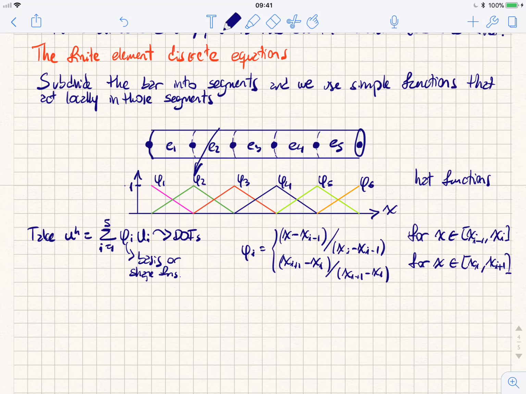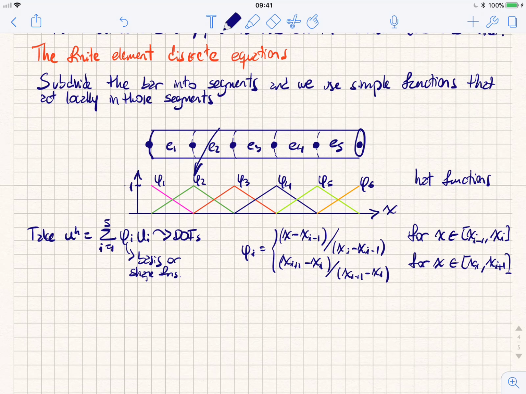This is what is called a Kronecker delta property, and we'll write that in a minute. But it is nice because if the value of that function is equal to 1 there, then the degree of freedom that is associated to that function has the physical interpretation of being the displacement at that node. Okay, this is the very first nice property of the standard finite element shape functions.